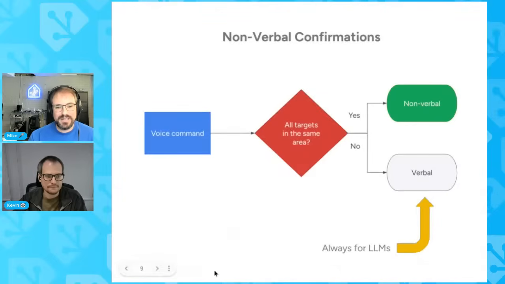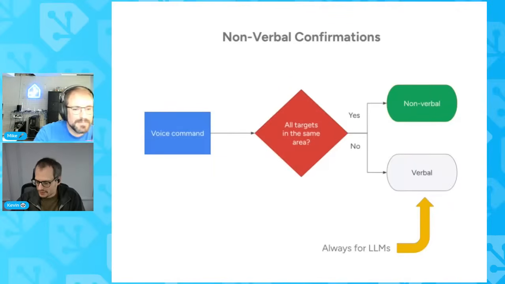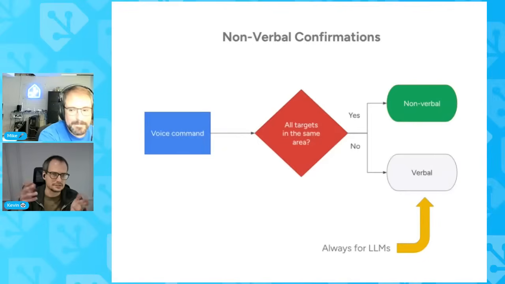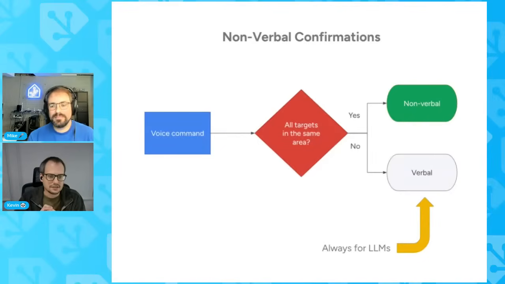Questions. All right. So on to nonverbal confirmations. Ever since this started, you ask it to turn off the lights, and it'll just reply, I'll do it, and say, turned off the lights. It's not necessarily super useful if I can see the lights turn off. So we've added a nice new feature here that looks at your voice command.